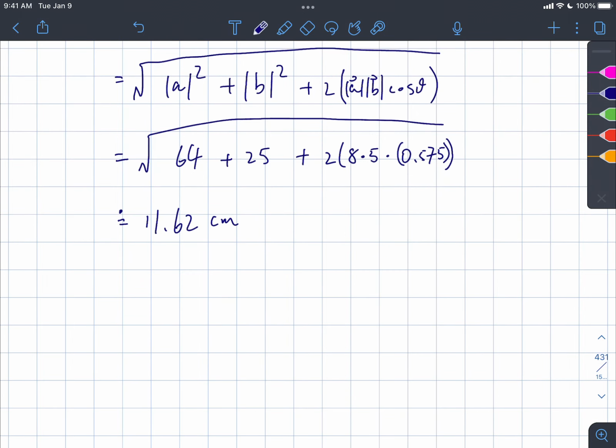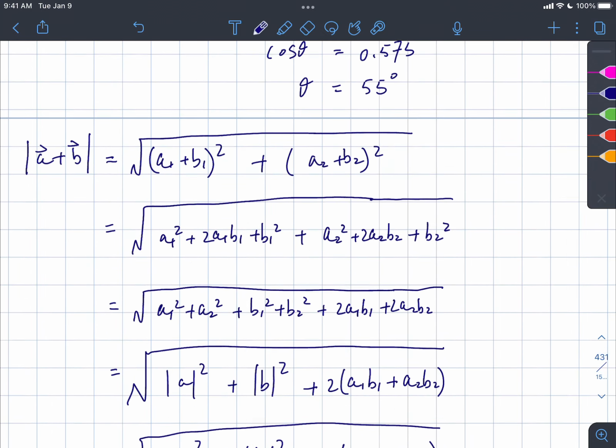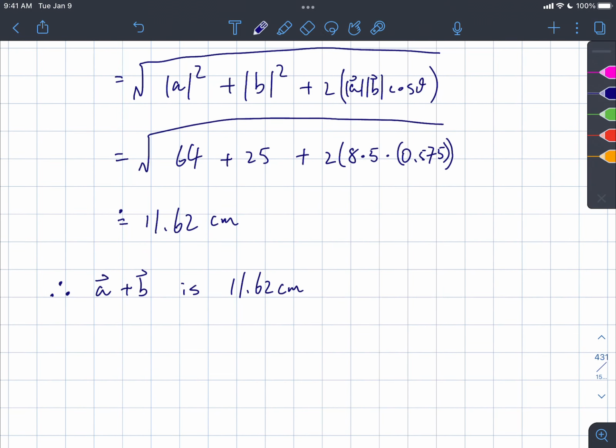Okay, so to conclude the question, a plus b is 11.62 centimeters at the angle, so make sure to mention the angle, at 55 degrees. And that's it. That's pretty much everything.